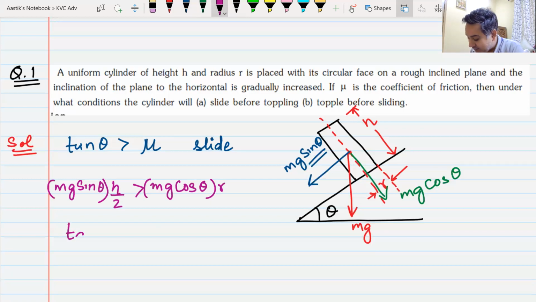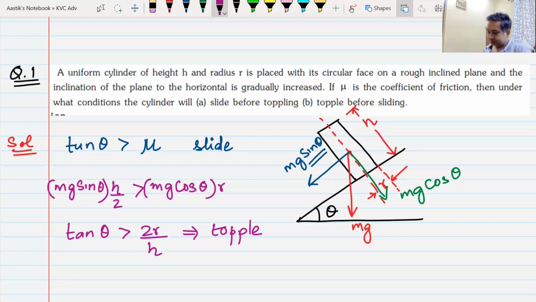That means if your tan theta is greater than 2r by h, it will topple, yes or no? Yes, sir. If tan theta is greater than mu, it will slide. If tan theta is greater than 2r by h, it will topple. Now you have to say the condition of sliding before toppling and toppling before sliding.